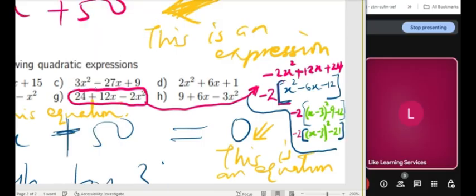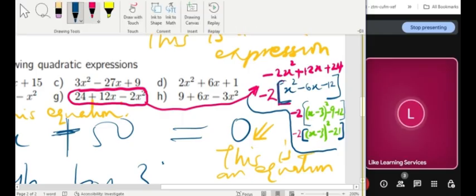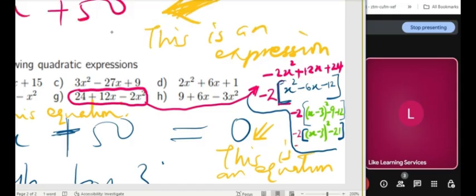So what do we do at this point? Distribute the minus 2. So now the final answer will be what? Minus 2, open the bracket, x minus 3 all squared, then minus what?